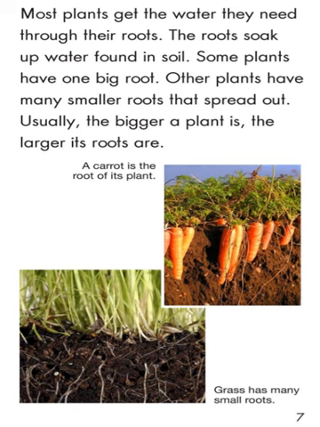Most plants get the water they need through their roots. The roots soak up water found in soil. Some plants have one big root. Other plants have many smaller roots that spread out. Usually, the bigger a plant is, the larger its roots are.